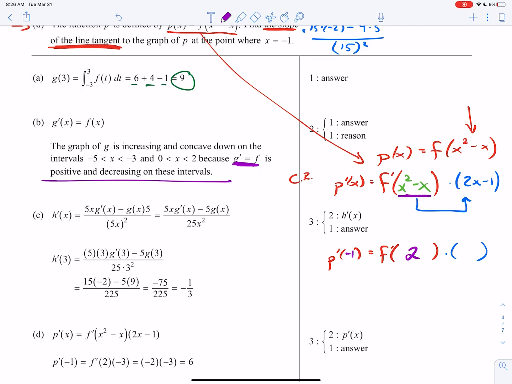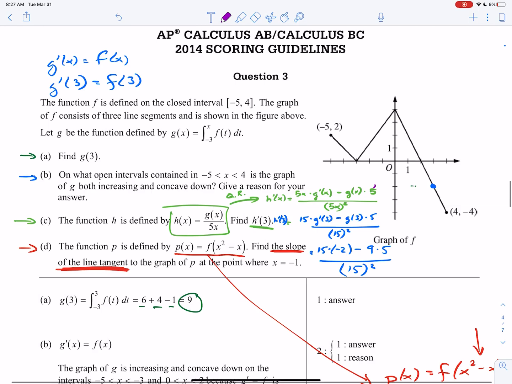If I plug in negative 1 over here in the blue, I should get negative 2 minus 1, which is negative 3. f prime of 2 is really just the slope at 2. So notice how at 2 you're on this purple line here.